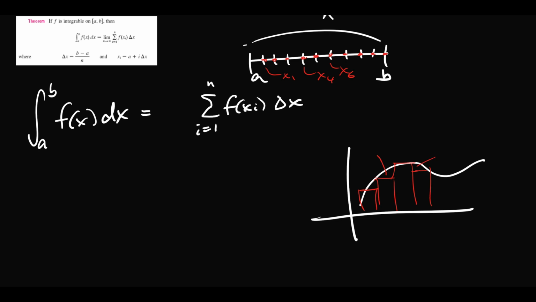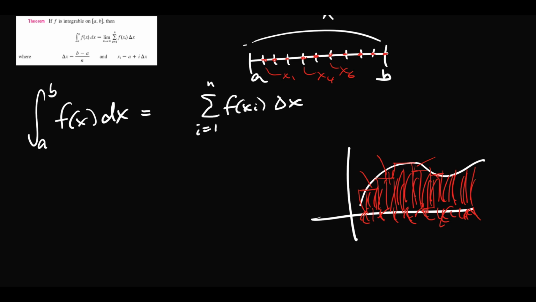There's a gap here, there's a gap here, there's a gap here. So then you allow your number of rectangles to get more and more numerous, and all the gaps go away. You may have 10 subintervals, then 100, then 1,000, then 10,000, and eventually the number of rectangles fills it all in.